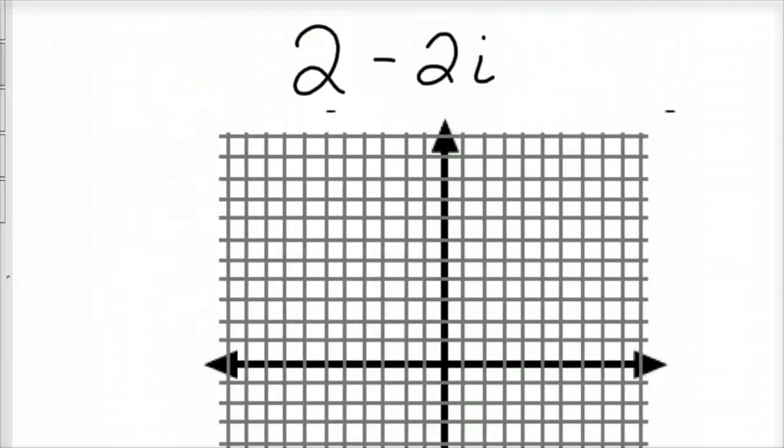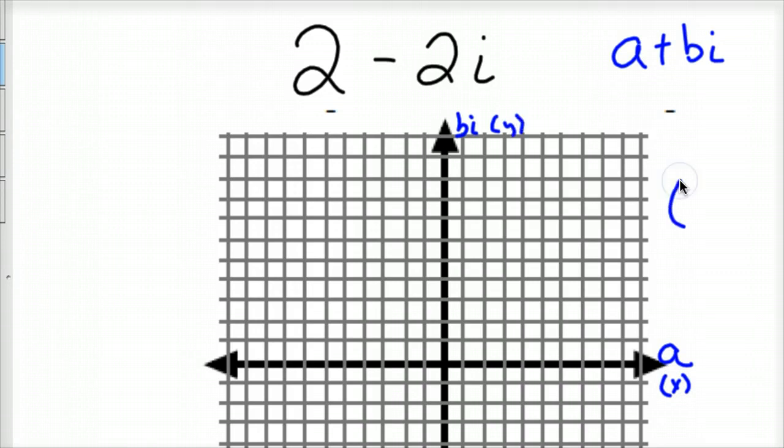So here's another example. Let's say you had the complex number 2 minus 2i. So again, if you have a plus bi, any complex number, this is your real number part, this is your bi part. And you're used to seeing this as the x-axis and this is the y-axis.